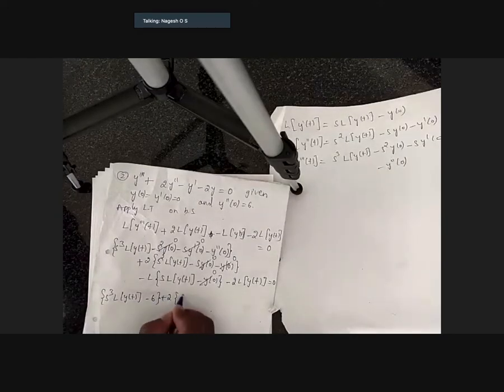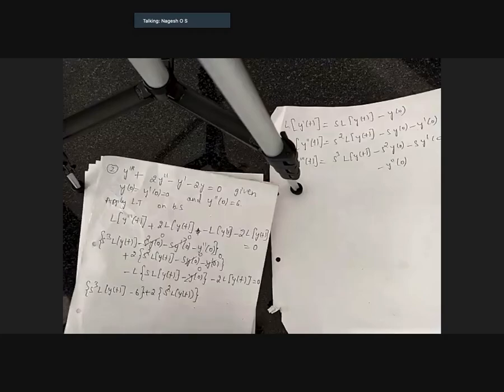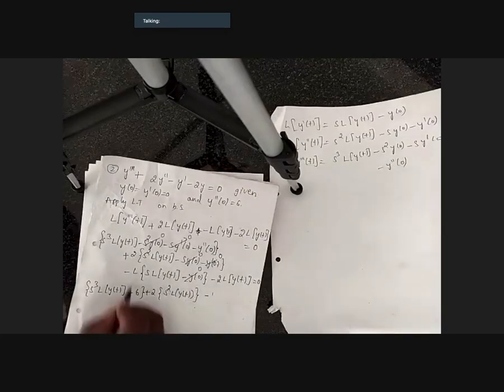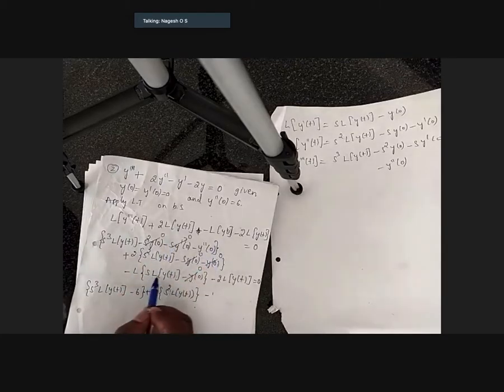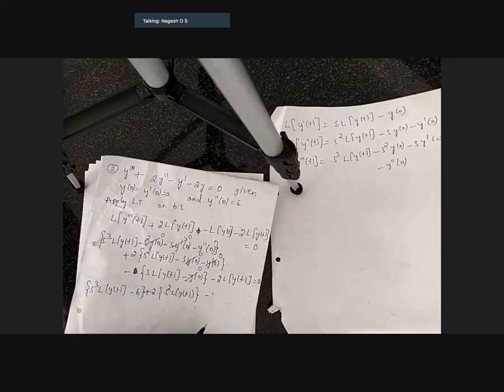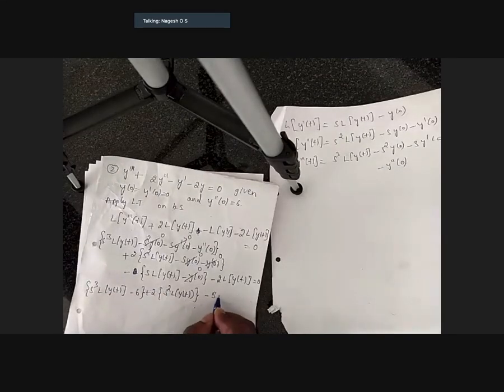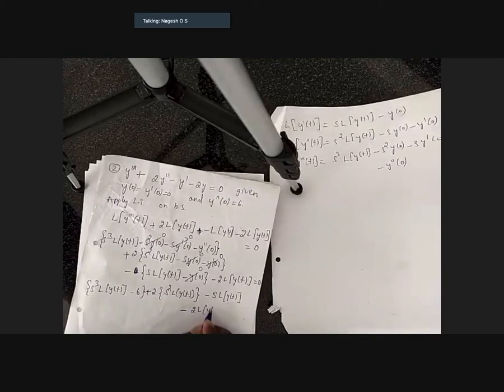Plus 2 s square L of y of t, this is the second term because the other terms are also 0. Minus s Laplace transform of y of t, third term. Minus 2 Laplace transform of y of t is equal to 0.